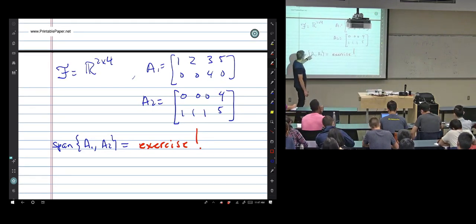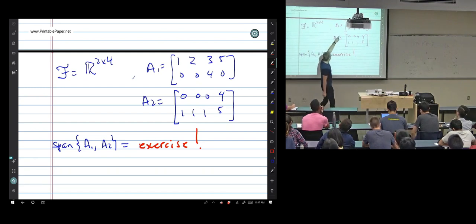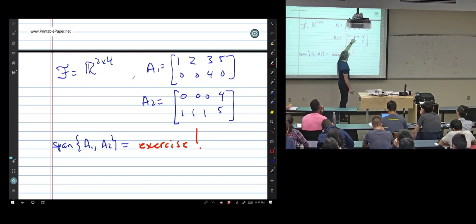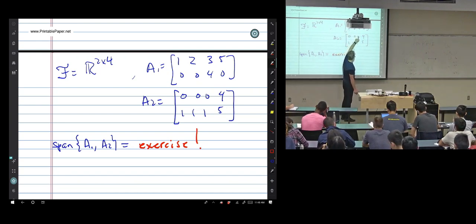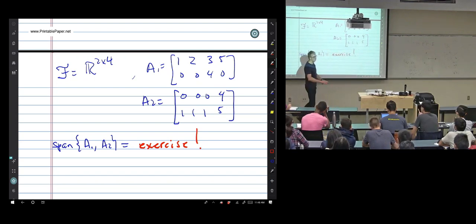So you would get all 2 by 4 matrices that you can write as an alpha 1 in the upper corner, an alpha 2, then 2 alpha 1, 3 alpha 1, 5 alpha 1, plus 4 alpha 2, etc. All of those matrices.